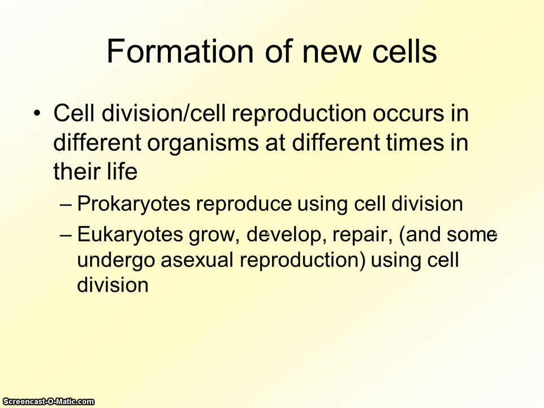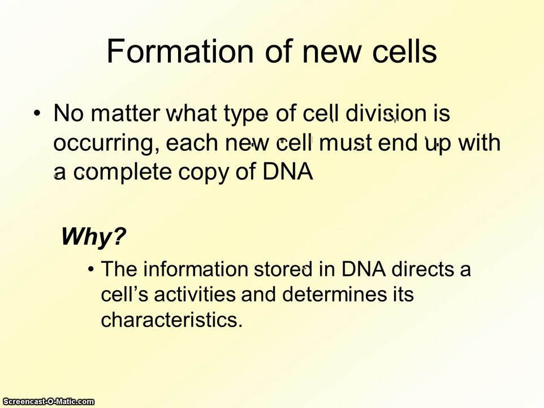Prokaryotes, like our bacteria, are more simplified. But no matter what type you're looking at, the end result is that these new cells must have a complete, exact copy of genetic material going into the new cells that are being made.